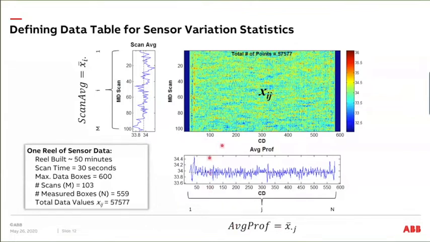So the average profile is the average of all of those data lane values. In this example, we have a reel build of approximately 50 minutes, a scan time of 30 seconds, 600 data boxes, and we're measuring say 559 data boxes. So you've got 57,000, actually more than 57,000 data points.